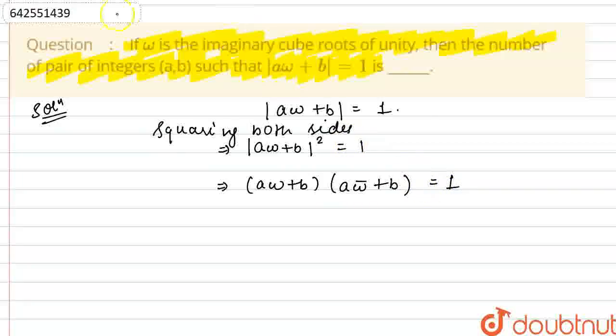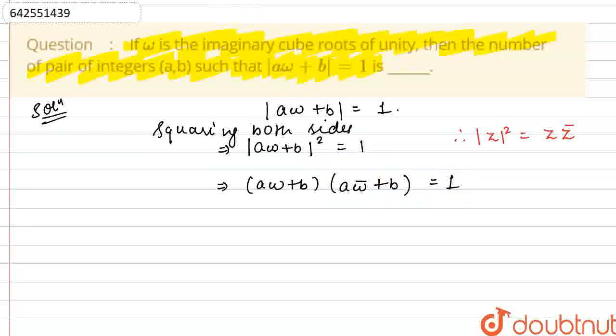Which property have I used here? That this modulus of z squared can be written as z into z conjugate. Since a and b are integers, their conjugates will be the same numbers only. So we have a omega plus b into a omega bar plus b is equal to 1.